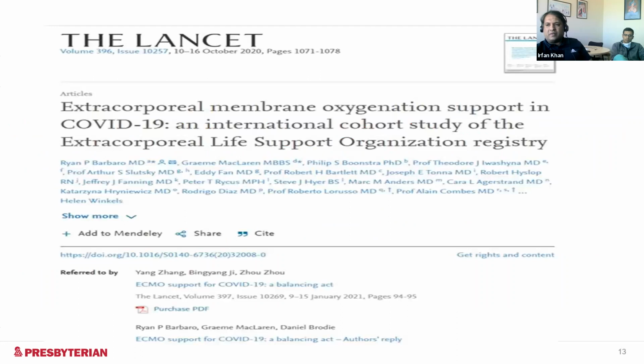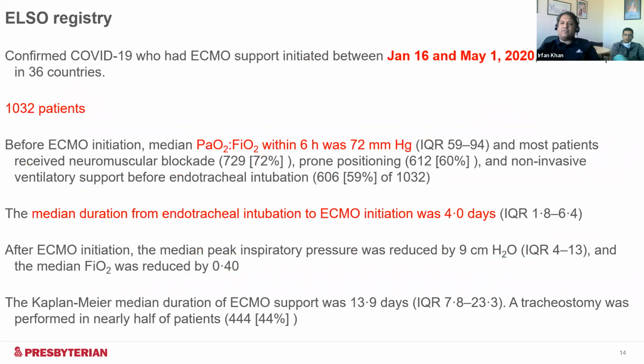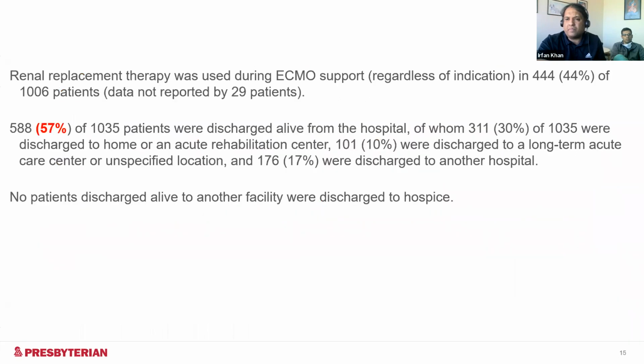So this is another paper that basically came out of the ELSO registry, looking at 1,000 patients in early 2020. This happened very early in the course. So again, these patients were placed on lung protective ventilation and prone positioning, etc. And then they saw that the median duration for these patients to go on ECMO was 4 days from intubation. 57% of these patients survived.